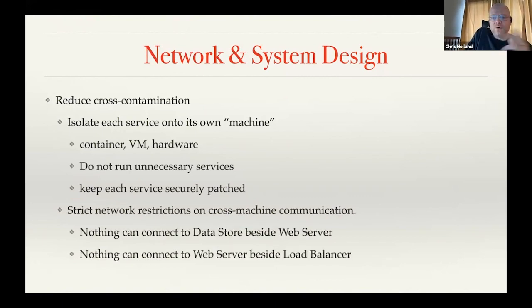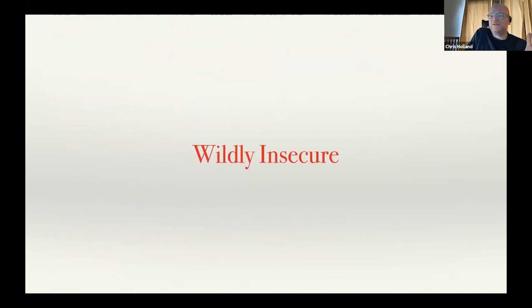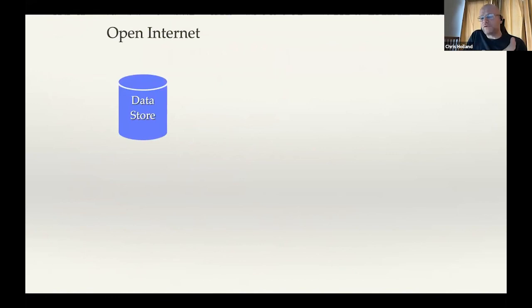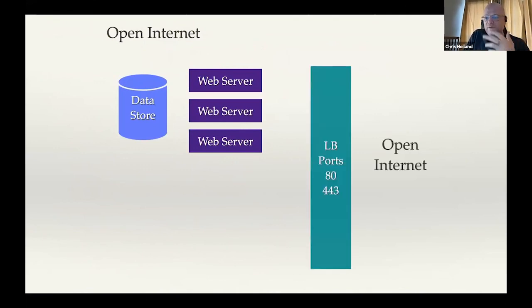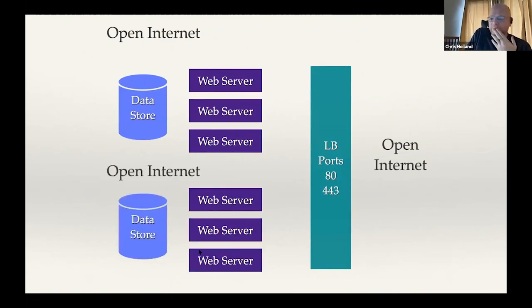So just to show you an example of a wildly insecure setup, this is what happens every day, right? People put a data store on the open internet, like their Mongo database, and then they put web servers in front of it, again on the open internet. They do that, and then they put a load balancer in front of all of it. And then they do the same thing with another application.